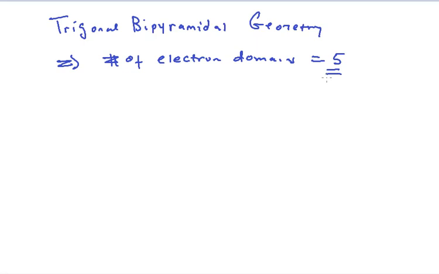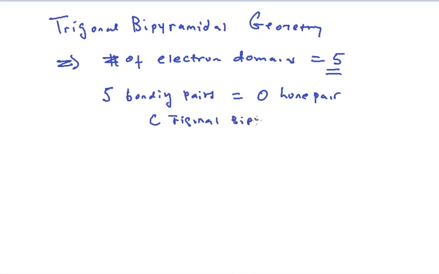So if you have an ideal trigonal bipyramidal, you will have 5 bonding pairs and no lone pairs, 0 lone pairs. That is a trigonal bipyramidal.